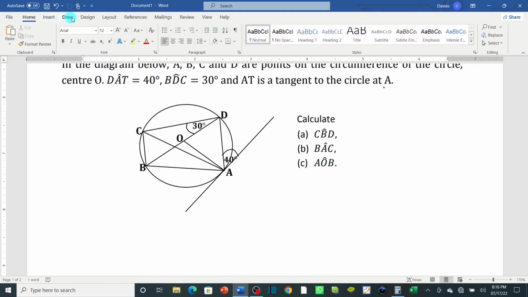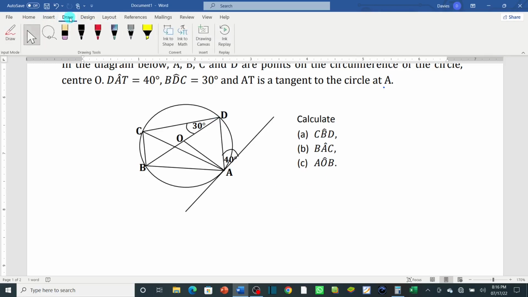So for C, they want us to find which angle, A or B, this angle here. So again, this angle is simple.